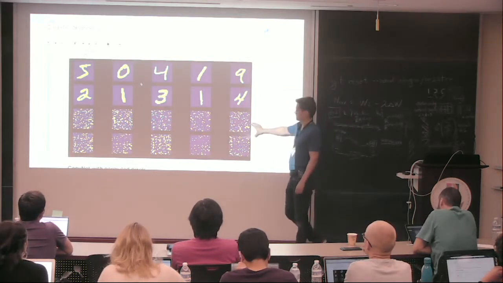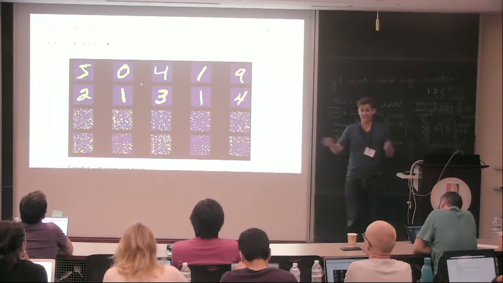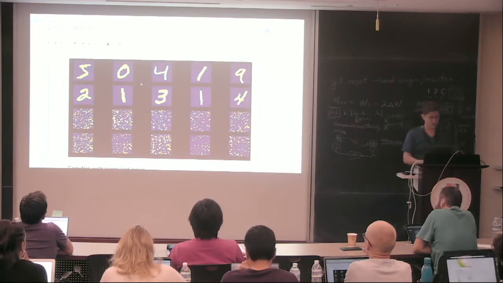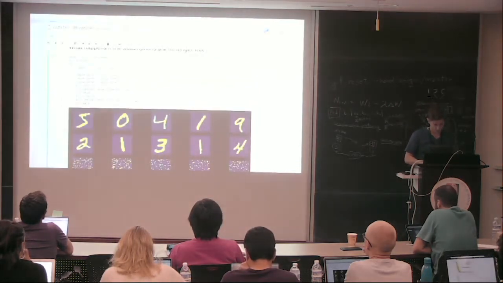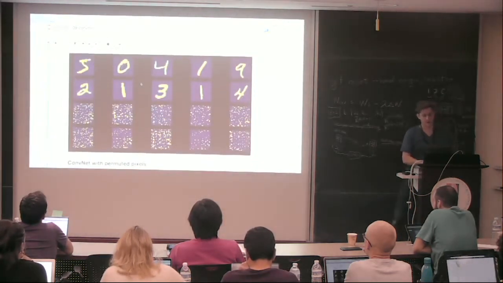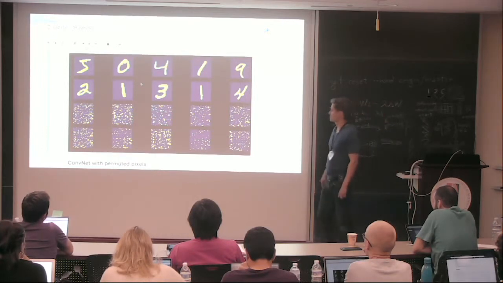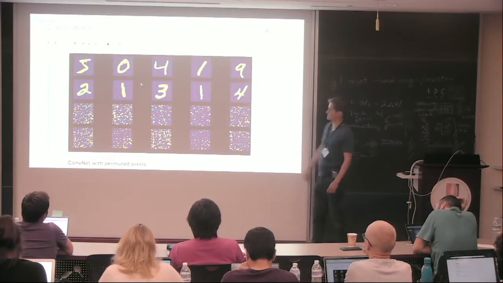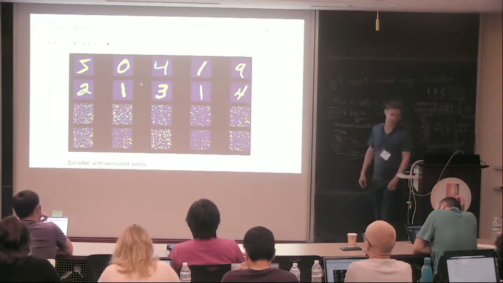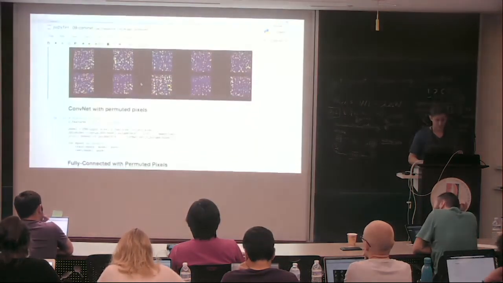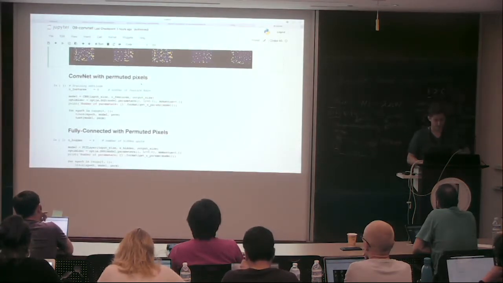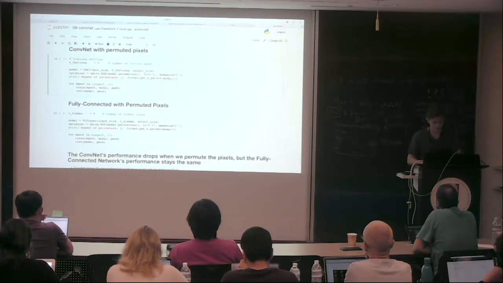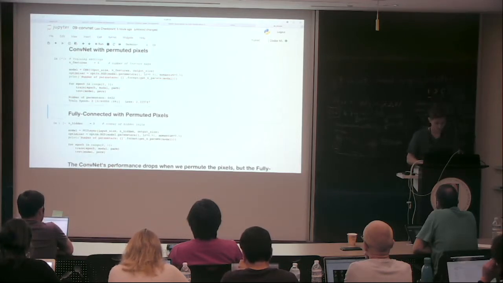We scrambled them by flattening each image to a 784-component vector, applying a random permutation, and putting it back into a square image. It looks like this, so we don't see any numbers anymore. It's the same permutation, so can the network still tell what it was?